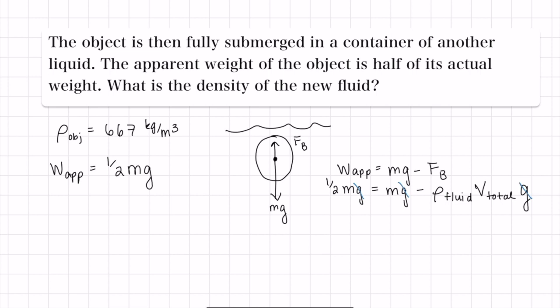And then I'm going to subtract an m from both sides to get negative 1/2 m equals negative rho fluid times V total. Since we have a negative on both sides, we can cancel those out. And then the other thing I'm going to do is divide both sides by V total.